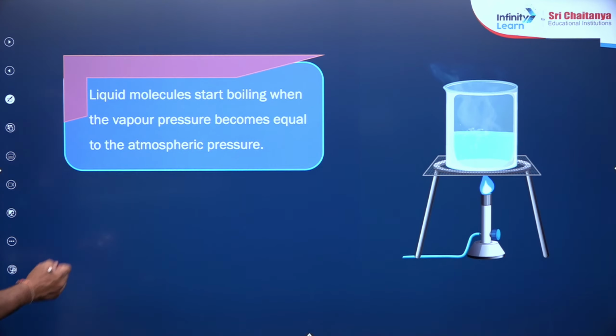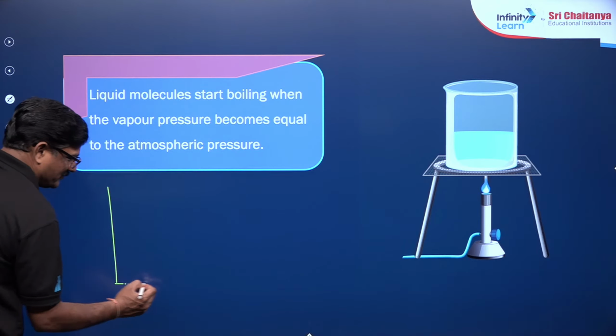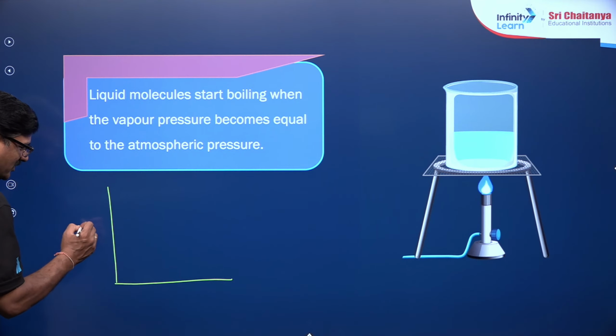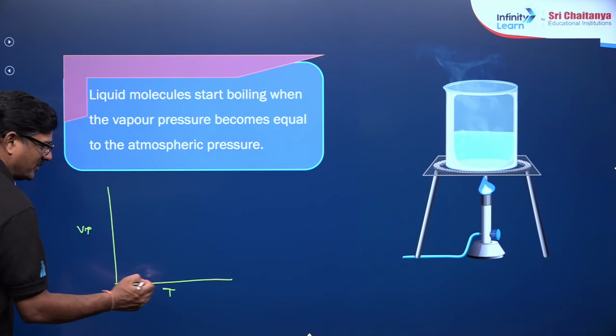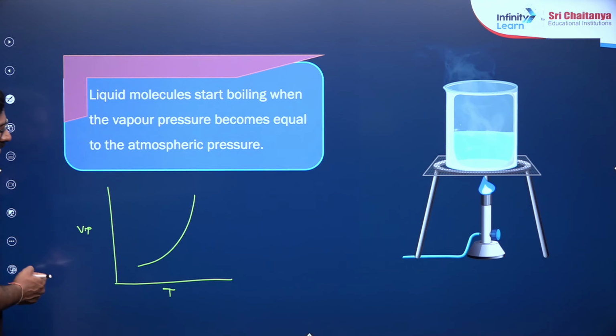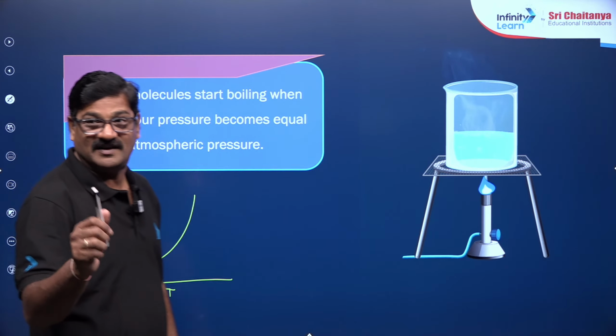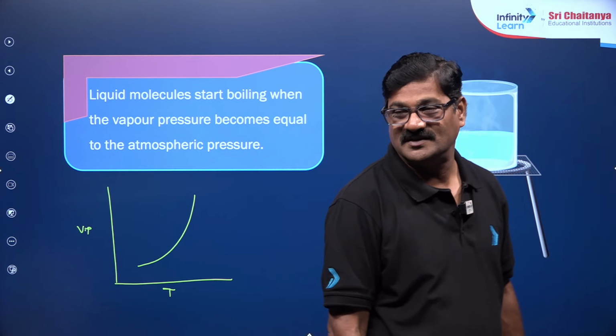And you know the temperature and the vapor pressure. This is the vapor pressure and this is the temperature. So the vapor pressure versus temperature, we all know, is going to be an exponential graph. I said this exponential graph is important.